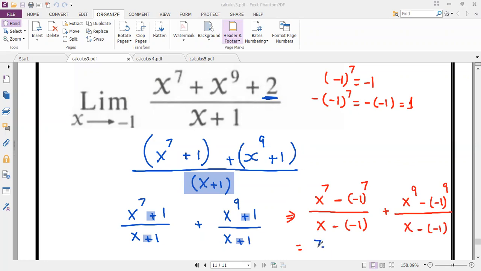So 7 divided by 1. Take the number after the negative, which is negative 1. Then subtract powers. It's 6. Plus, do the same here. It's 9. The power divided by the power is 1. Then take the number after the negative, which is negative 1. Subtracting powers, it's 8. So 7 multiplied by negative 1 to the power of 6 is 7. 7 plus 9 equals what? 16.